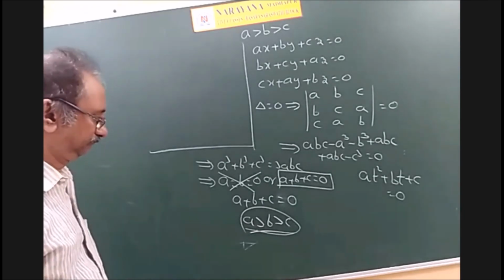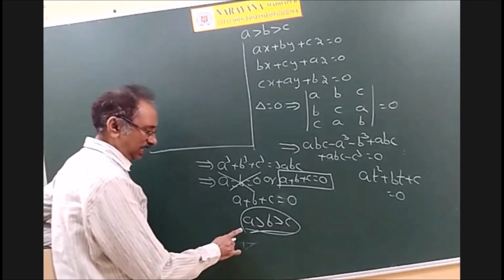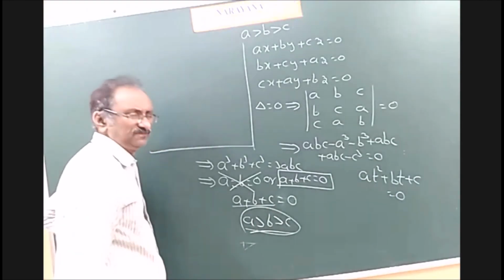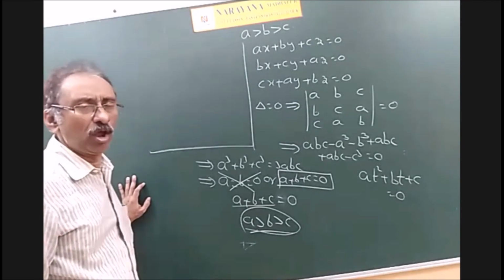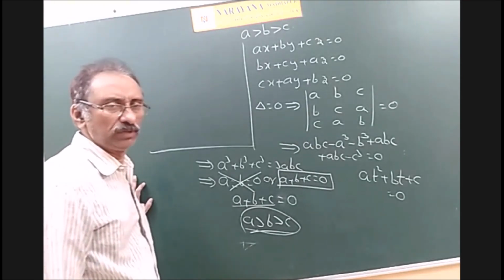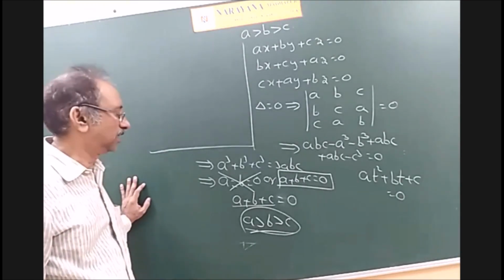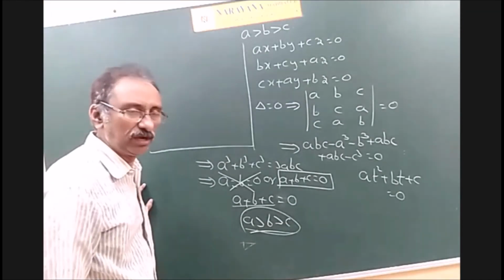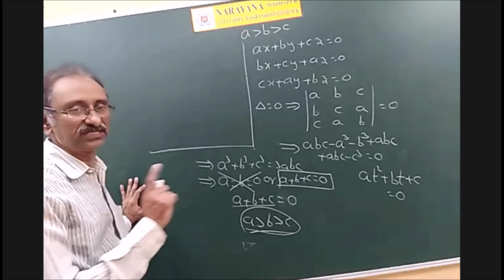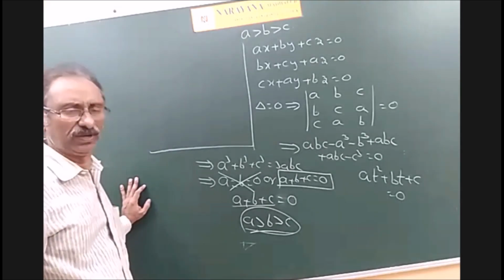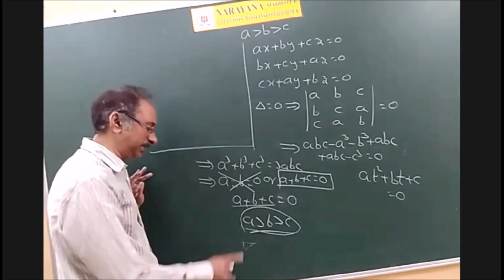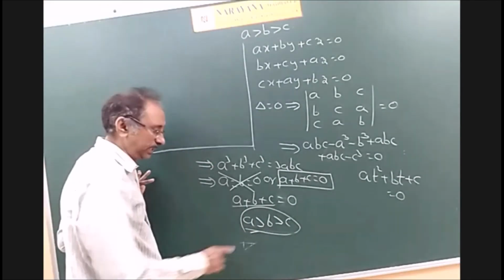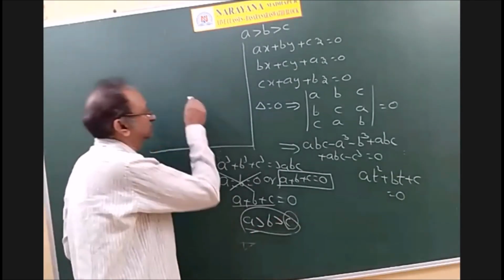Right. See here, a greater than b greater than c. Sum is 0. If sum is 0, whether all positive happens? No. If all are positive, or if two are positive and one is 0, sum cannot be 0. Definitely at least one must be negative. Therefore, what is that negative number? In a greater than b greater than c, one is negative means definitely c must be negative.